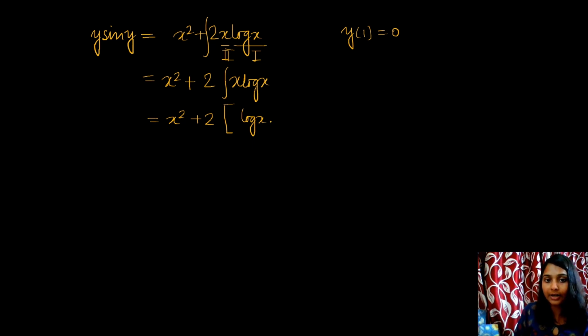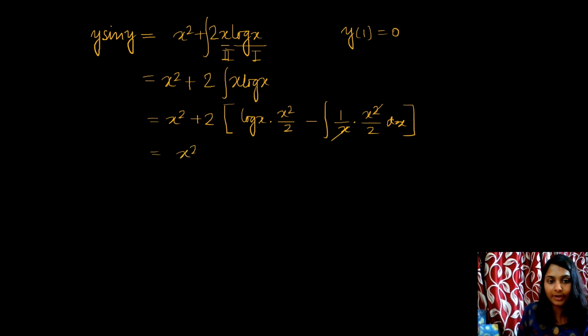And if we integrate this x, it will give x square by 2, minus the derivative of log x, which is 1 by x, and the integration of x, which is x square by 2, and there is dx, so it will get cancelled out.